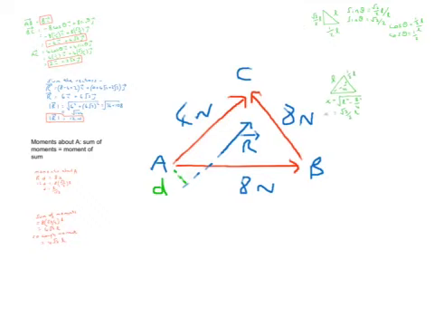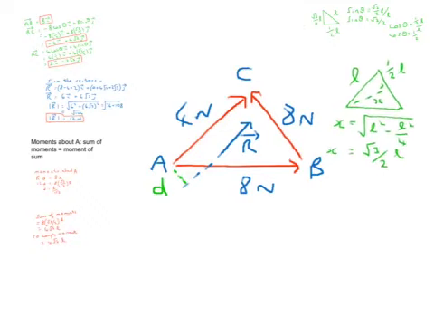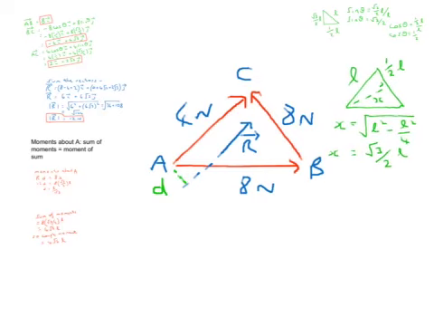So to do that, we need to look at the geometry again. This is the same equilateral triangle. This time we have divided it in two as shown, and the length of the dashed line is x.